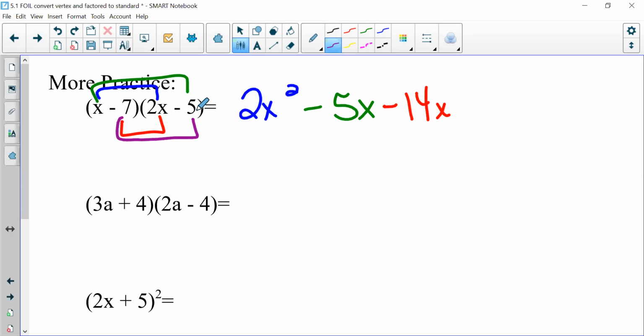And then the last term of each bracket. Negative 7 times negative 5. It's going to be positive 35. Pay attention to your signs.